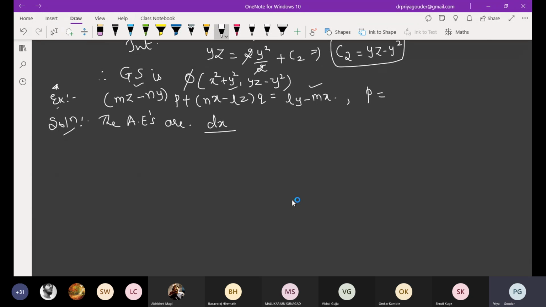dx upon P, dy upon Q, that is nx minus lz, and dz upon the RHS part.